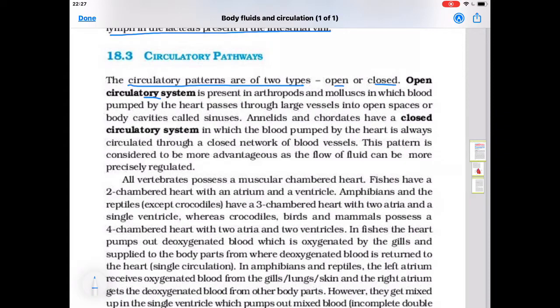So, open circulatory system is present in arthropods and mollusks, in which blood pumped by the heart passes through large vessels into open spaces or body cavities. So, in this, the blood is present in the open cavities called sinuses.